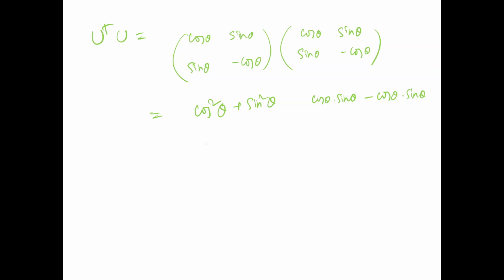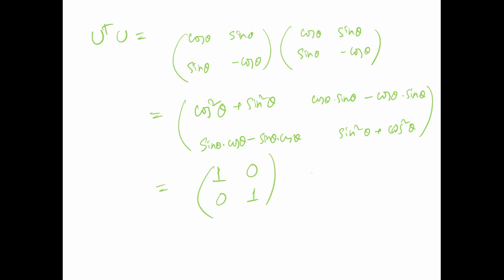Below it will be sin theta cos theta minus sin theta cos theta, and then sin square theta plus cos square theta. For any value of theta, sin square theta plus cos square theta is 1. So you actually get 1, 0, 0, 1, which is the identity matrix.